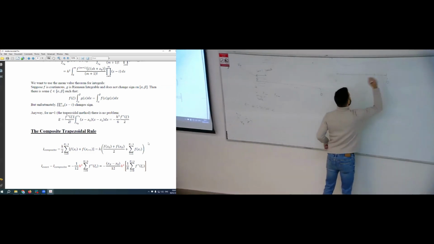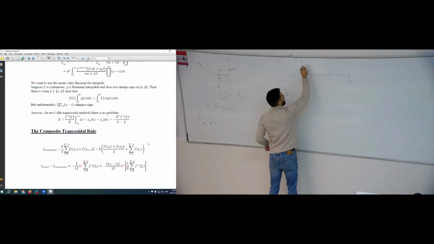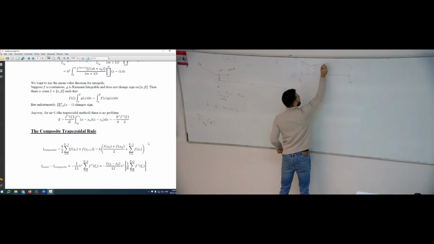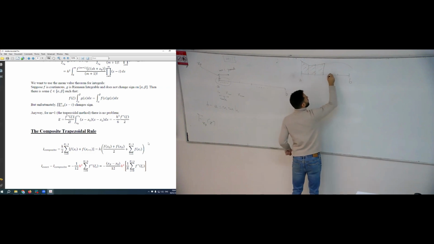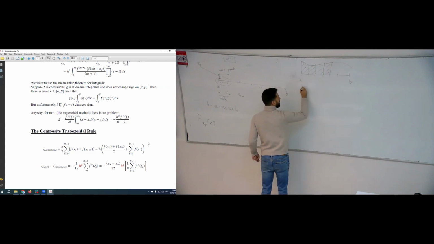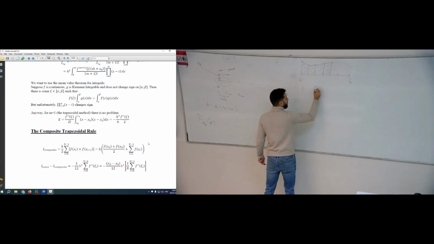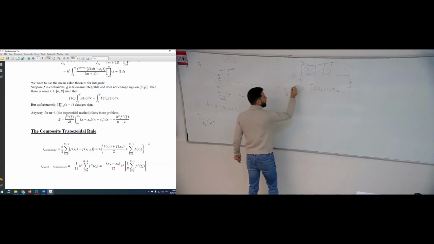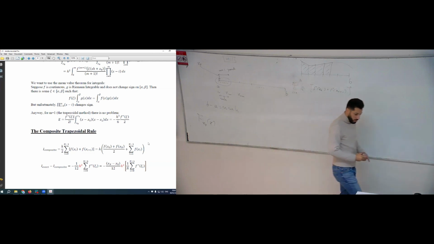So that's the function. So we take this, and we take this trapezoid, and we take this. Okay, so it's h over 2, f of xi plus f of xi plus 1, and we sum from 0 to n minus 1.